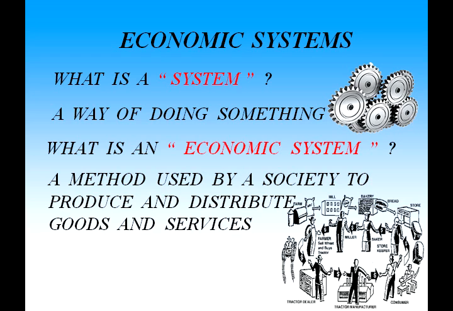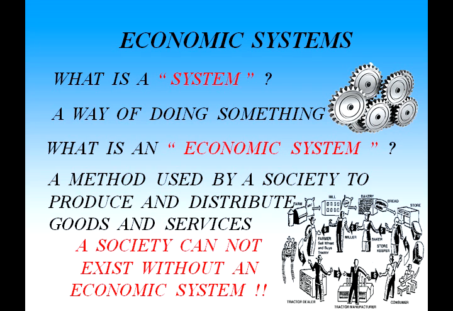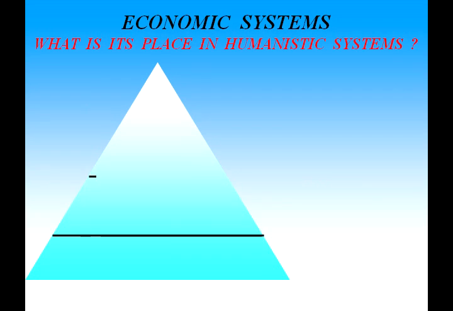And the next point I'm going to make is a very, very important one for you to remember, that a society cannot exist without an economic system. Next, we want to take a look at the role that the economic system plays among the three humanistic systems that can be used by a society.